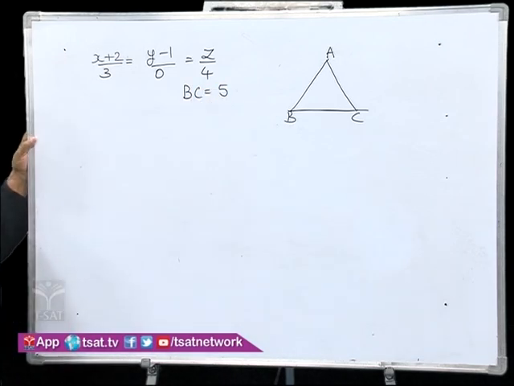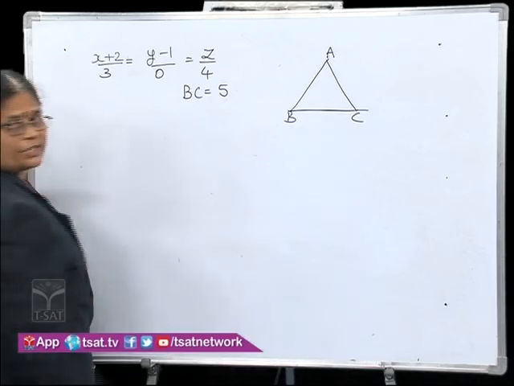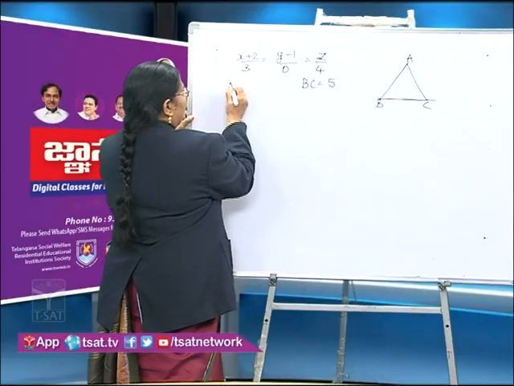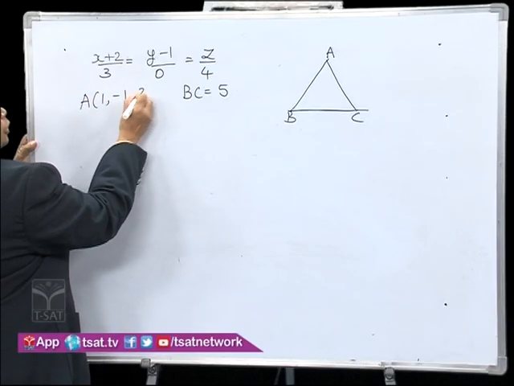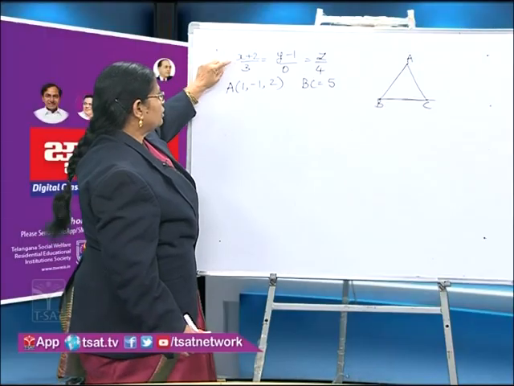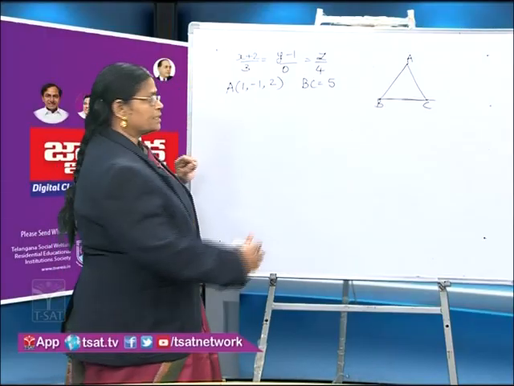You have to find the area of the triangle, given that point A is (1, minus 1, 2). So, again we can write any point on this line.